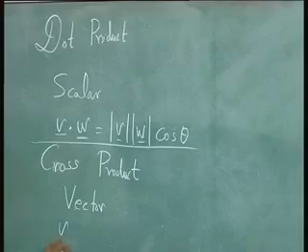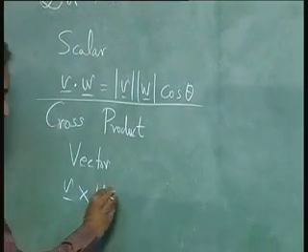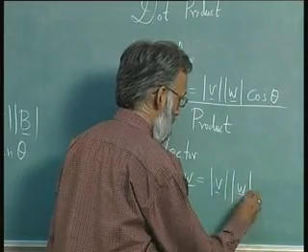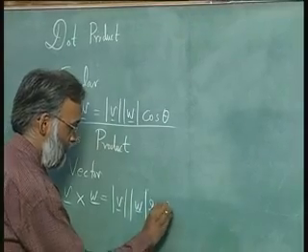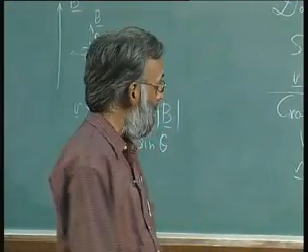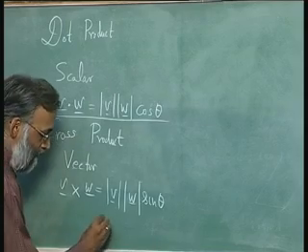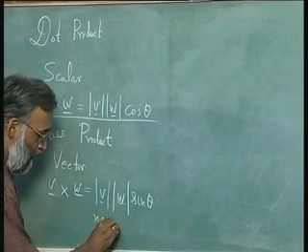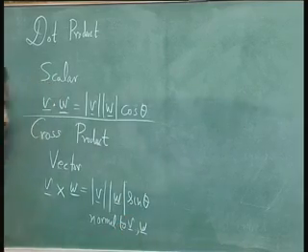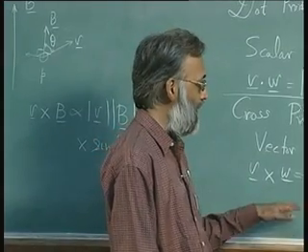If I have a vector V and I find its cross product with a vector W, its value is the length of the vector V times the length of the vector W times sin theta, and its direction is in the third direction, namely normal to V and W.